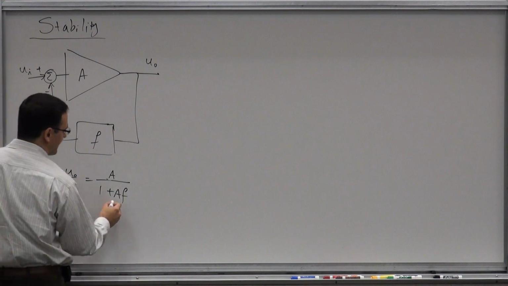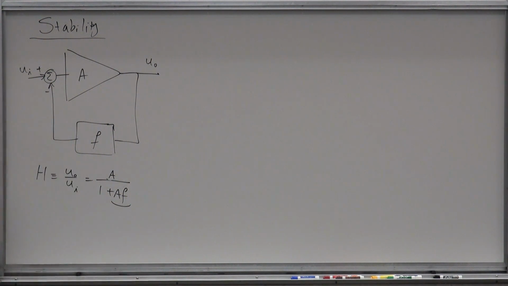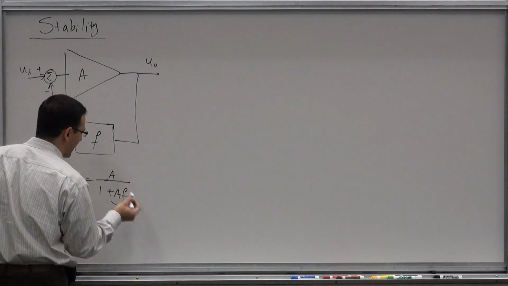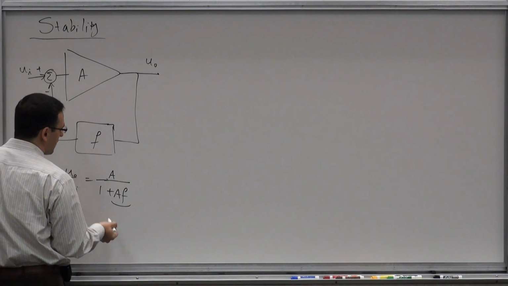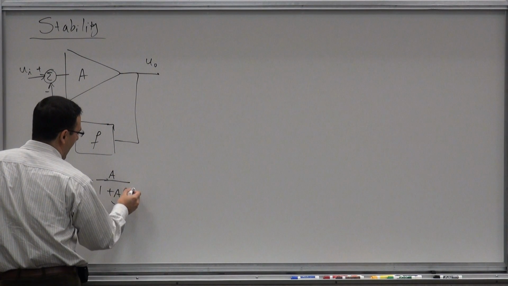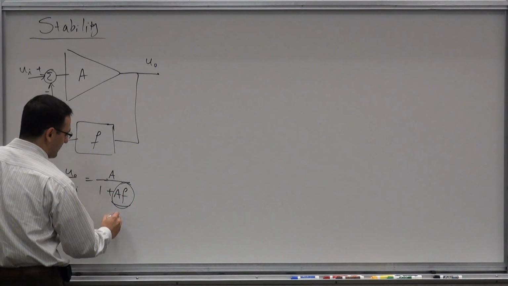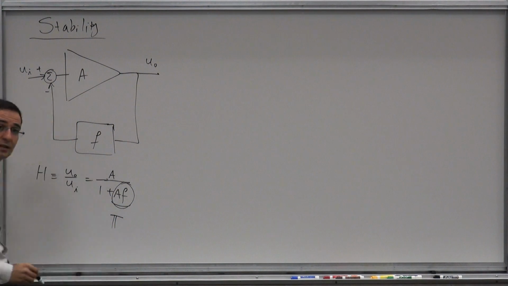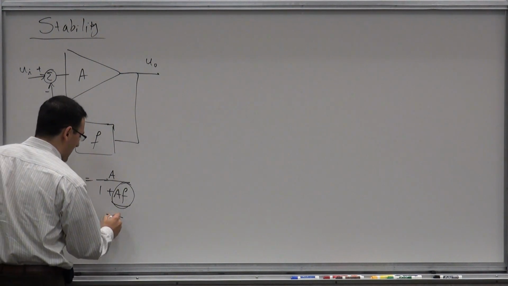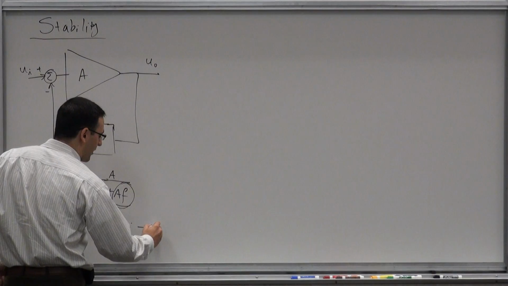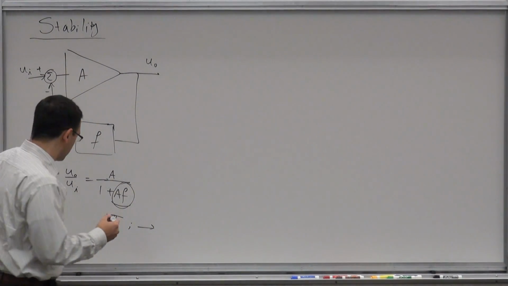We said this is really loop gain. It's really negative loop gain, because loop gain is minus AF if you go around the loop. Basically, the higher this quantity, this loop gain, is, the closer you will come to the ideal transfer function.